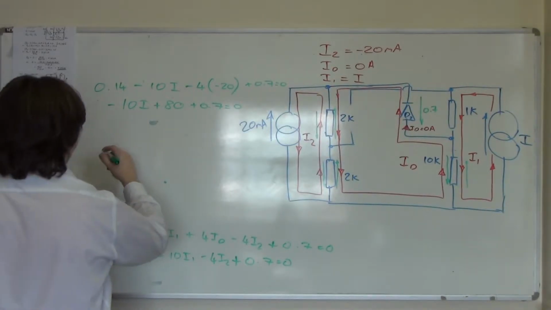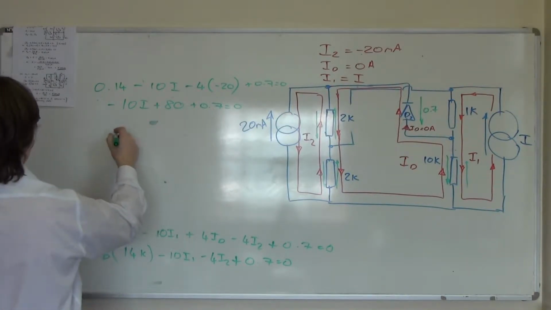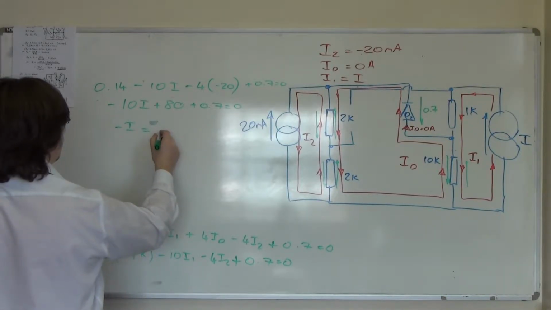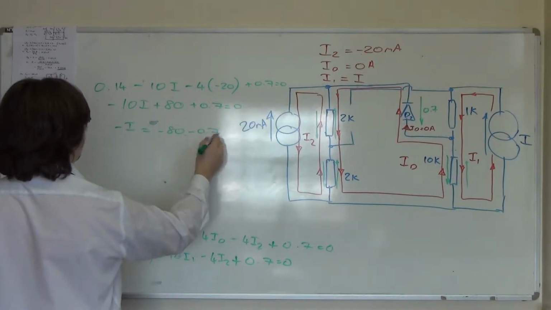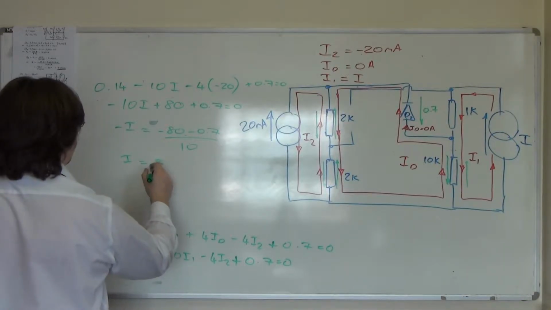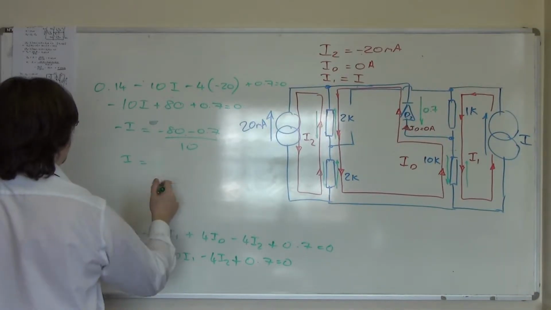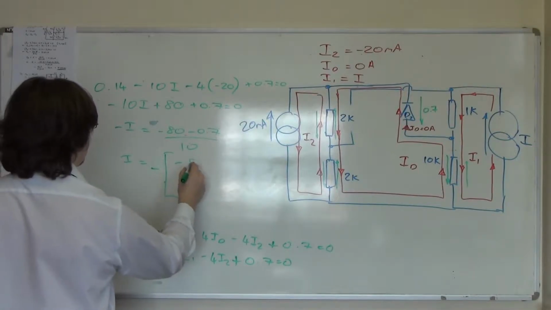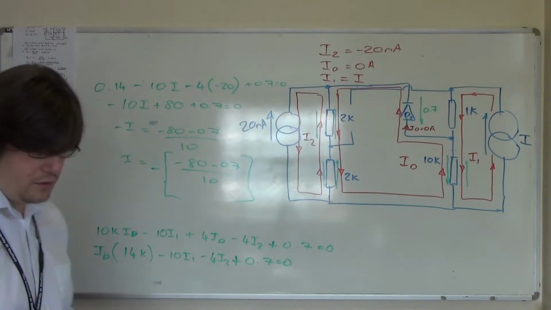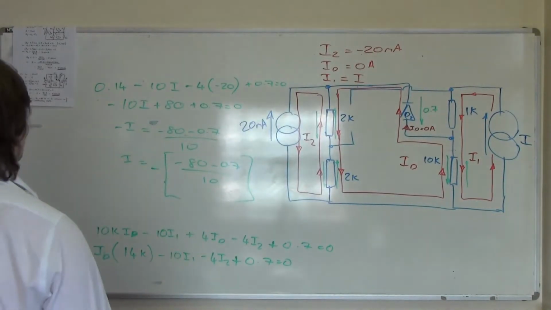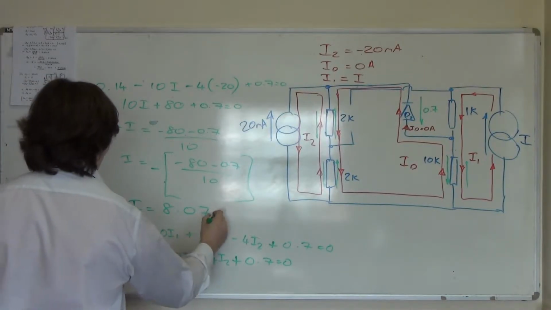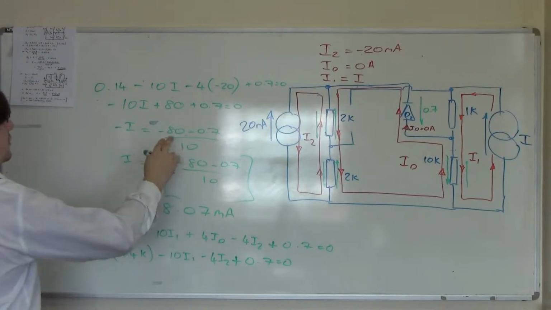So we'll take those two across, and we'll have minus I is equal to minus 80 minus 0.7 upon 10. So I is equal to, if you want to be really pedantic, minus 80 minus 0.7 upon 10. And that's in milliamps, because we were dealing with kiloohms and volts.